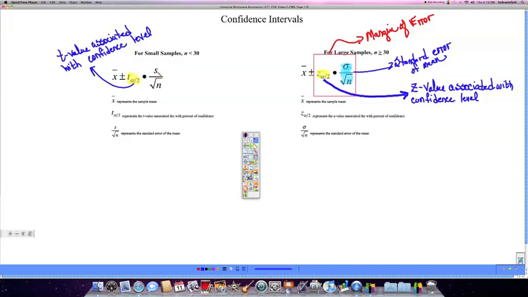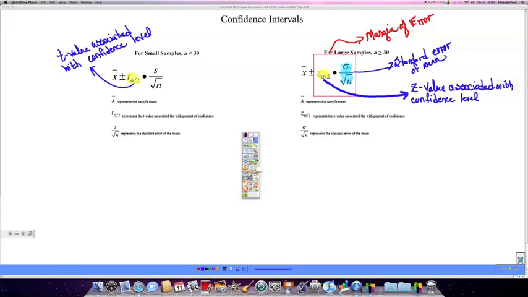And of course, the standard deviation divided by the square root of n is basically the same thing as the standard error of the mean, except that this standard deviation is for the sample, and that's okay. It's not a big contingency problem.